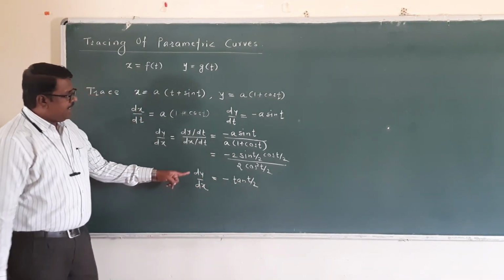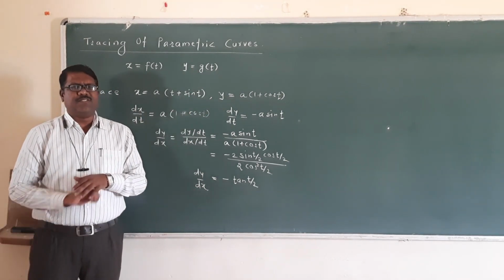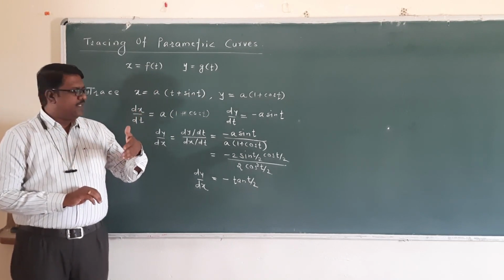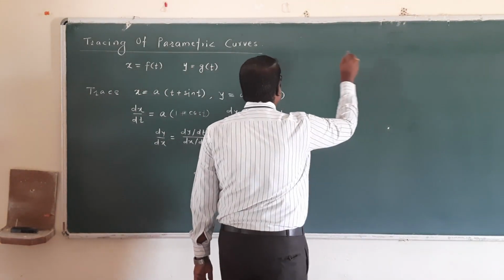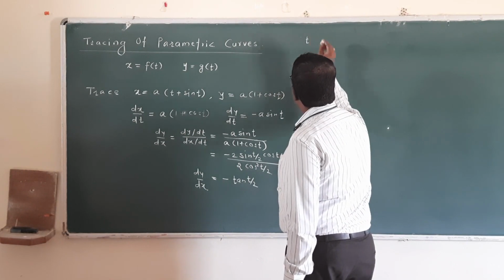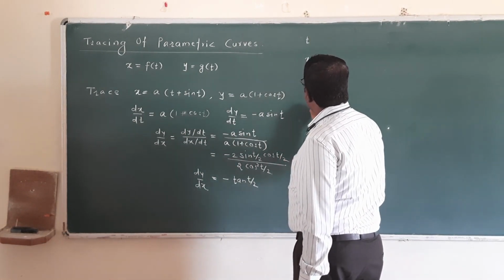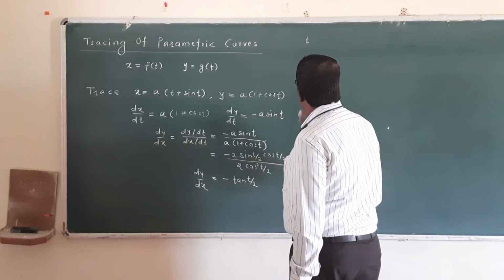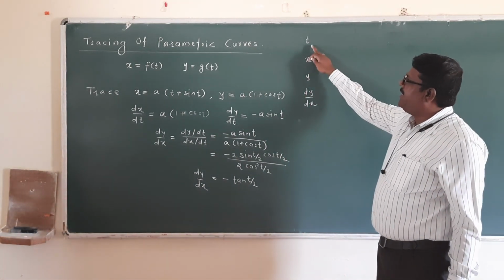Now after getting dy by dx, we will prepare a table which contains the parameter t, the points x, y, and then the tangent dy by dx. The first row is t, the second row is x, the third row is y, and the fourth row is dy by dx. Now we choose the parameter t.